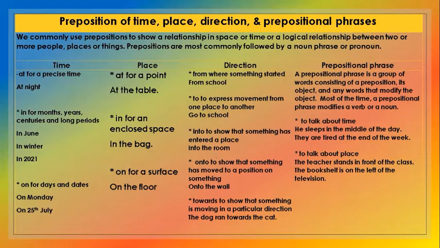Onto shows that something has moved to a position on something, so onto the wall. And towards shows that something is moving in a particular direction. The dog ran towards the cat. So we use prepositions with time, place, and direction. You have to memorize the uses of them.